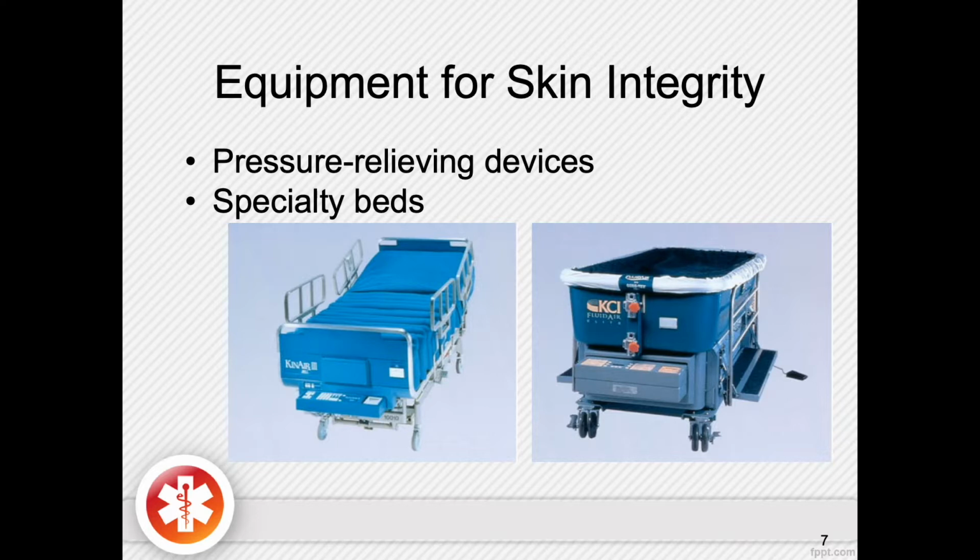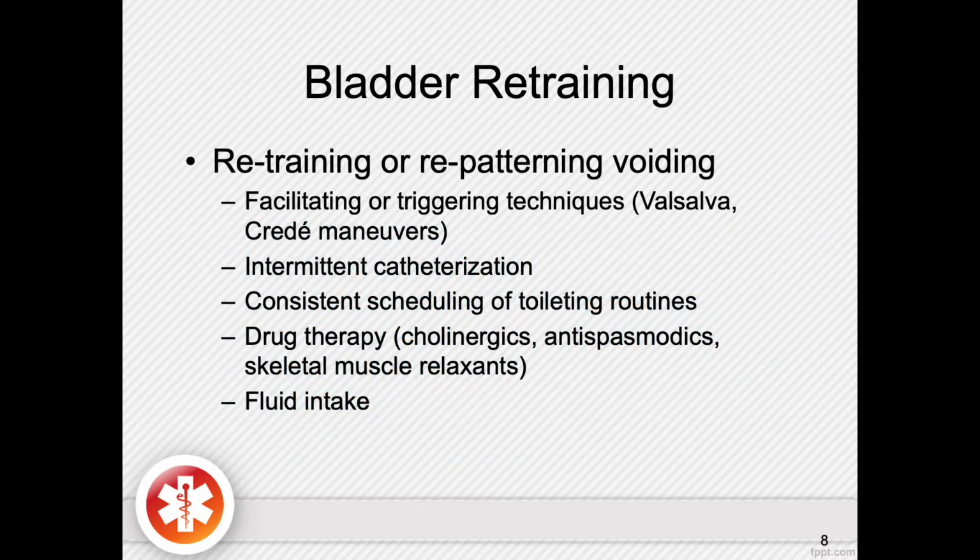Skin integrity can be impaired by the presence of urine, so bladder retraining is a very important intervention in rehabilitation. And this is the retraining or repatterning of voiding. It is facilitating or triggering techniques such as using Valsalva or Credé maneuvers. It may include intermittent catheterization to keep the bladder as drained as possible.